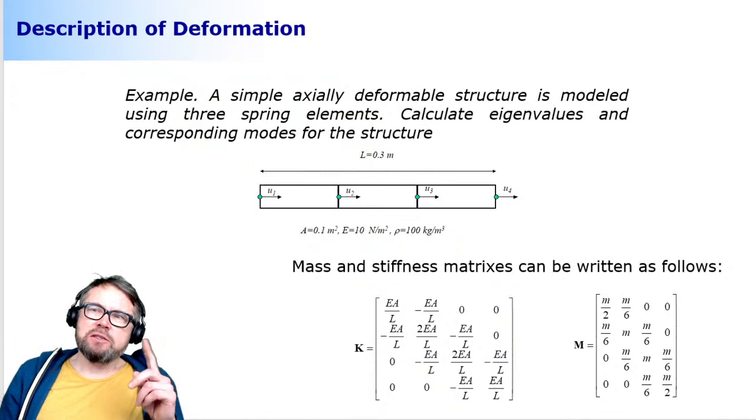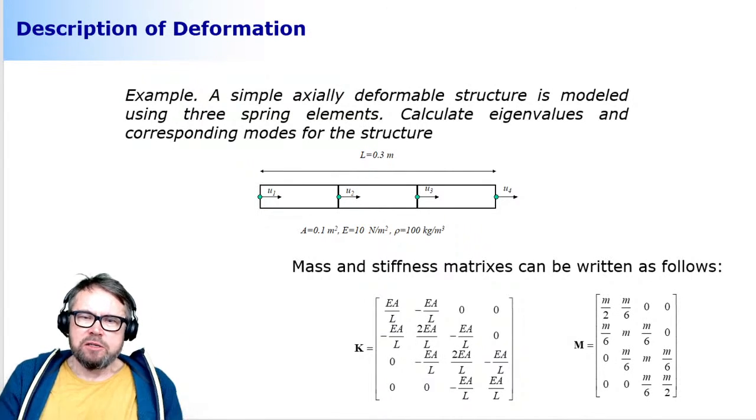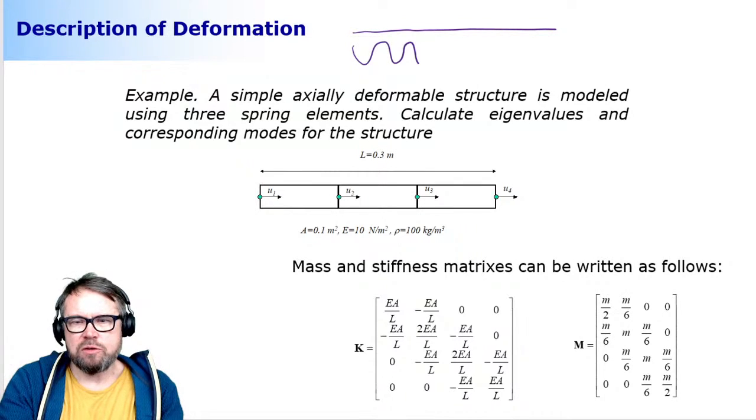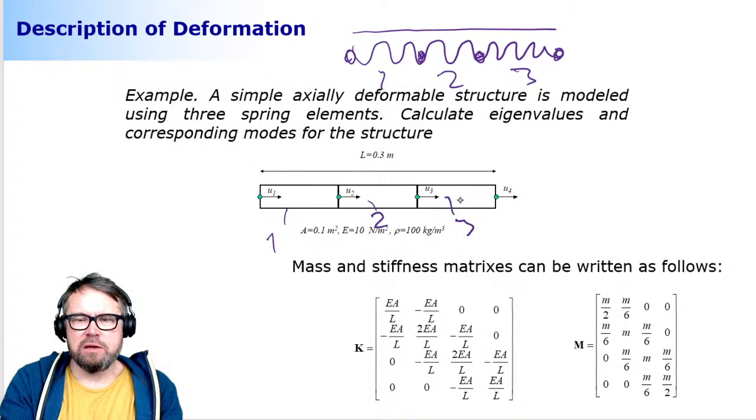Right, so I'm going back to the spring element, because its computation is so pleasant. So I have a structure, a spring structure. Maybe it would be better to draw it like this. This is a structure in total, and I want to model this spring structure by using 3 elements: first, second, and third.